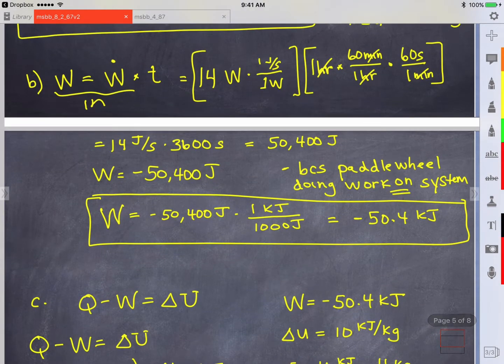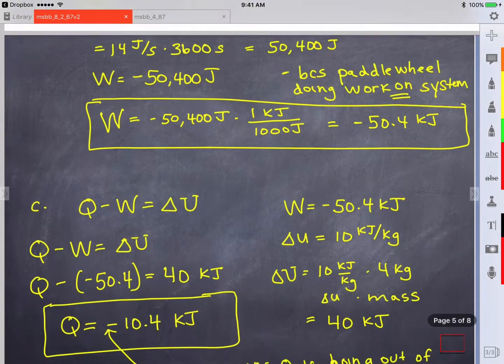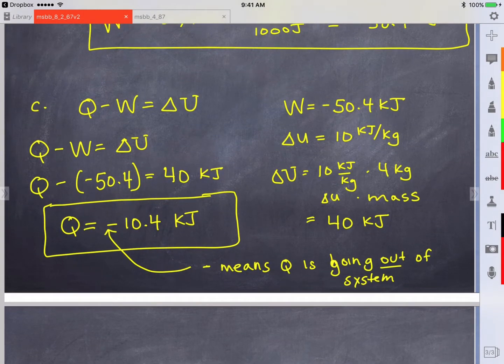The work we were asked to solve in kilojoules, it makes sense, and negative because the paddle wheel does work on the carbon monoxide. And then in the third part of the question, we were asked to find the heat transfer in kilojoules. We solved that to be negative 10.4 kilojoules, and that makes sense that heat is going out of the system.